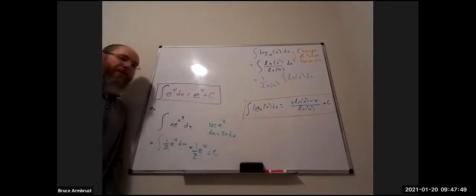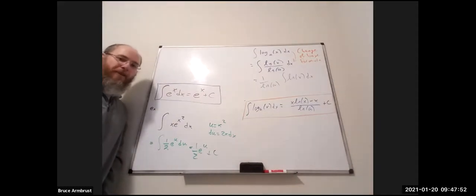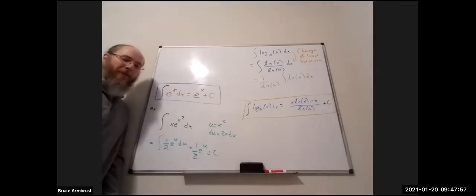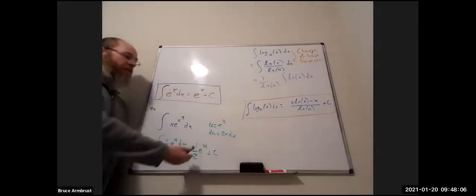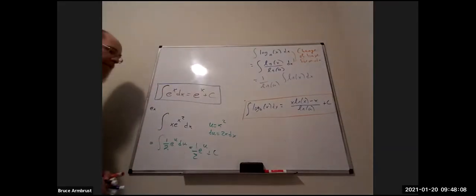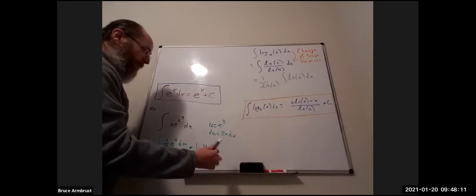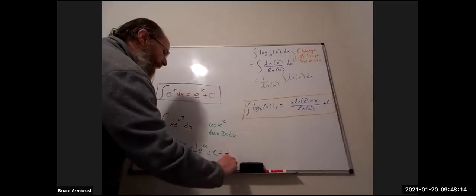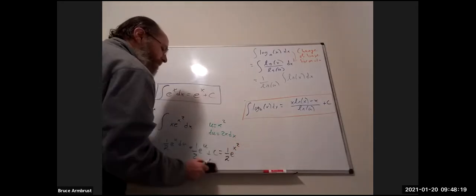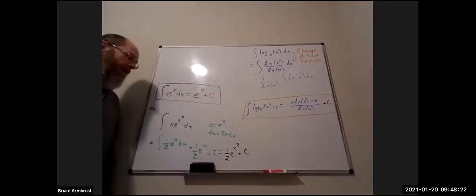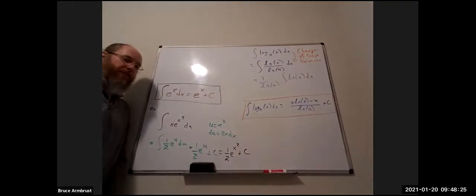So 1/2 e to the u, its integral is 1/2 e to the u. Oh my God, you're going to love these. Because anytime you have a constant multiple of an exponential function, its integral is itself. They're so beautiful. Well, of course, we do have to replace our u again. Whoop-de-doo. But that last step brings us to 1/2 e to the x squared plus c. So there is the antiderivative of x e to the x squared. It's 1/2 e to the x squared.